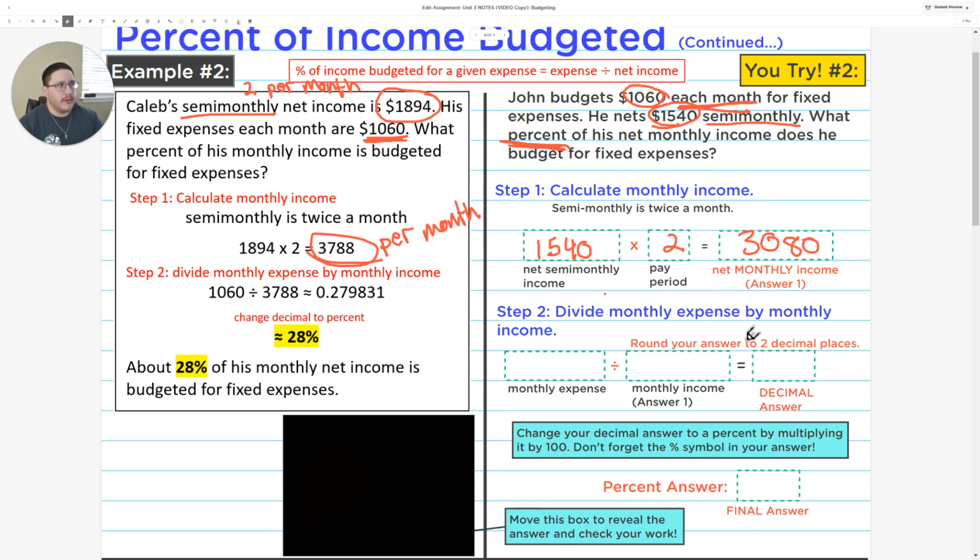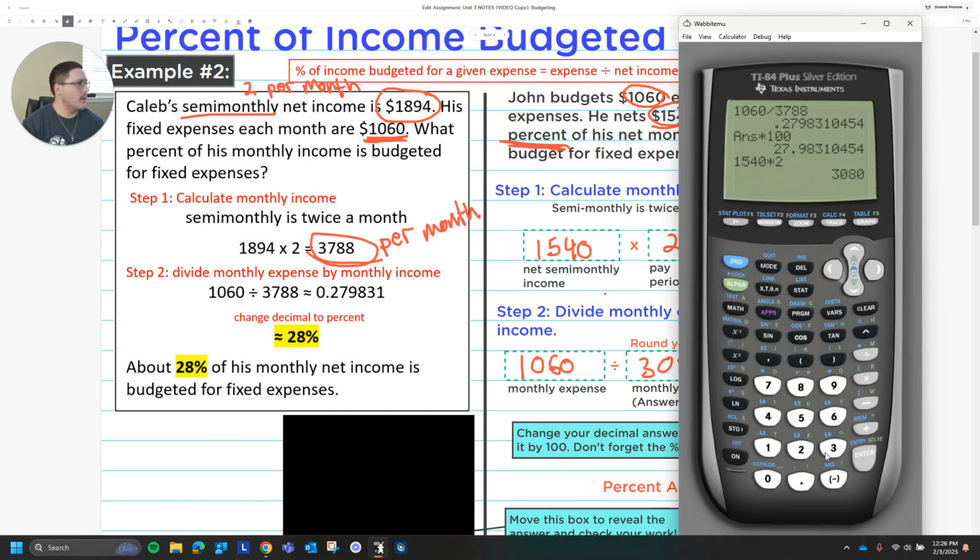Now, to figure out what percent of his net monthly income is used for his expenses, we divide the monthly expenses, which is 1,060, by what we have for net monthly income, which is 3080. So 1060 divided by 3080. Multiply this by 100 and change it into its percent form.